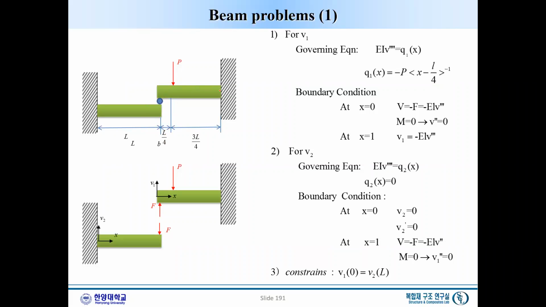As you can see, this beam will deflect like that. This beam, I will draw this one first. This beam will deflect like that, and there will be some contact point, and the right-hand side one will deflect like that.